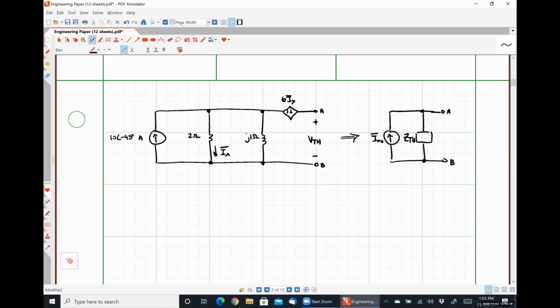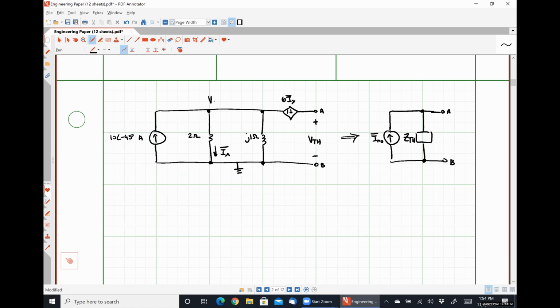There are two ways that I'm thinking about right now. They both effectively amount to the same thing, but they're slightly different approaches. So let me explain myself here. I literally just said that I would like to avoid using nodal and mesh analysis, but if I call this guy down here ground, this top node, well, let's not call it VA because there's already a node A and that might be confusing.